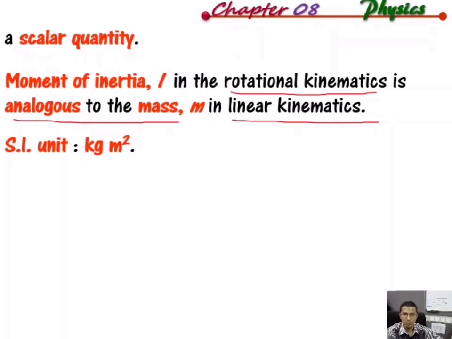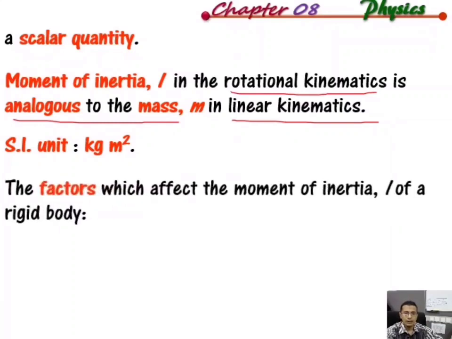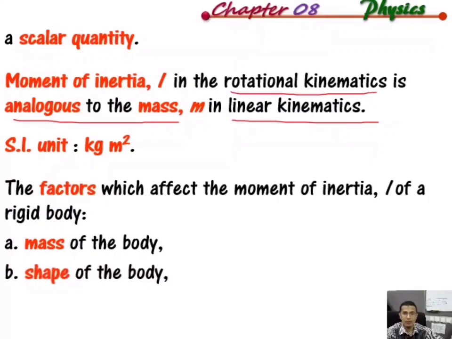It's not like linear mass, where the unit is kilogram, but for moment of inertia or rotational mass, the unit is kilogram meter squared. There are three factors that affect moment of inertia. First, of course, is the mass of the body. From the equation, moment of inertia I equals the sum of m r squared, so the mass is one of the factors. The second one is the shape of the body. Different shapes give different moments of inertia, for example a cylinder and a sphere.